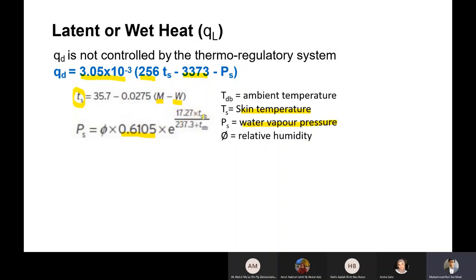TdB is the ambient, so dB is dry bulb temperature. Dry bulb temperature is ambient temperature, the one you measure with a thermometer, yeah, that is TdB. TS is most likely the temperature that you measure using the thermometer when you go somewhere, when you try to enter the premises. I think that would be TS.